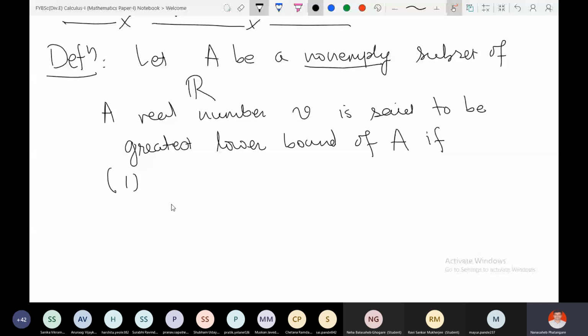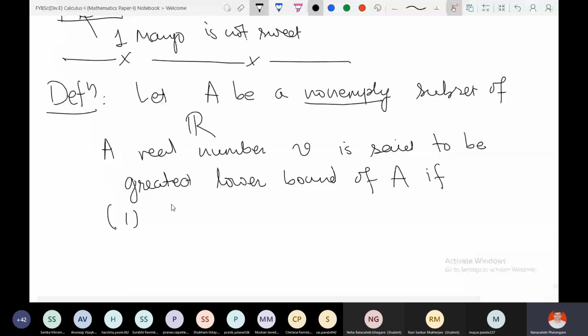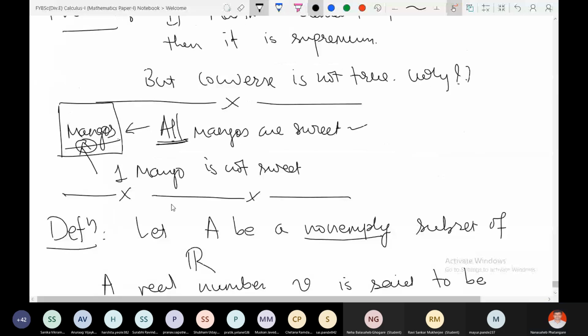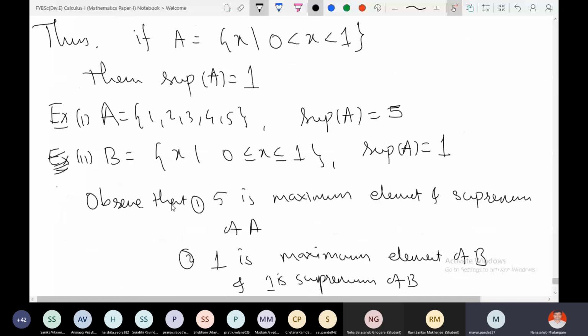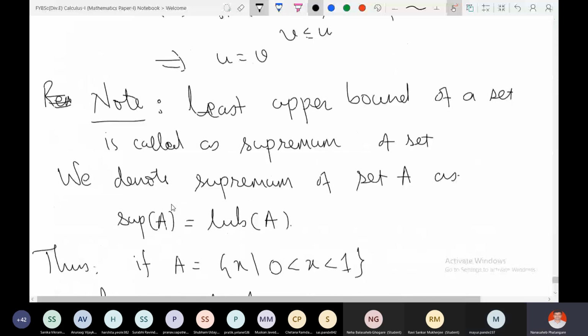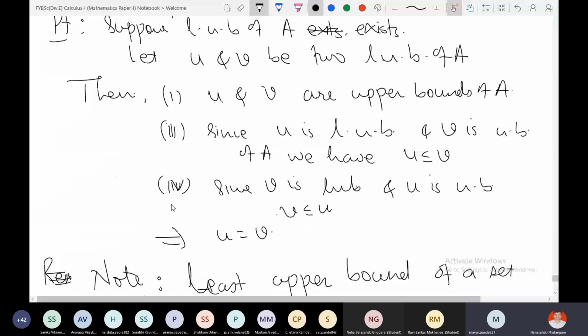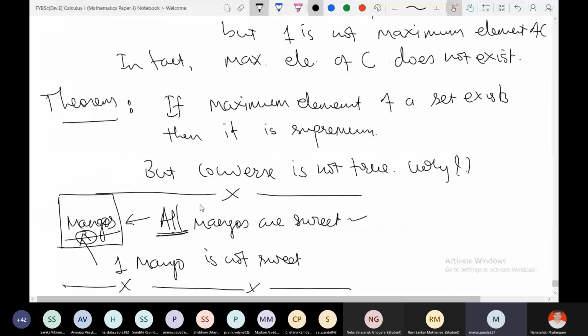What are these two conditions? Analogous to our previous definition: V should be a lower bound, and V is the greatest among all lower bounds.